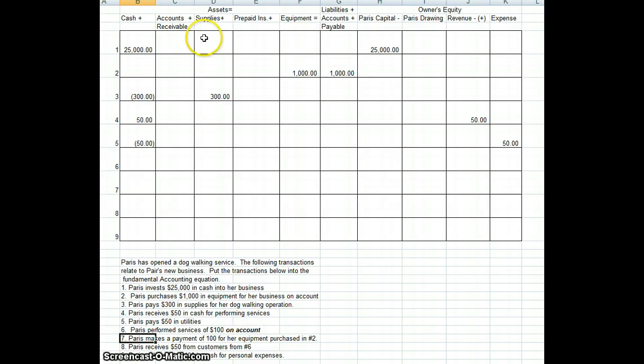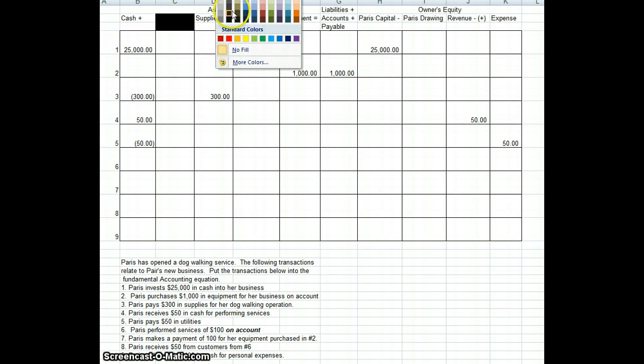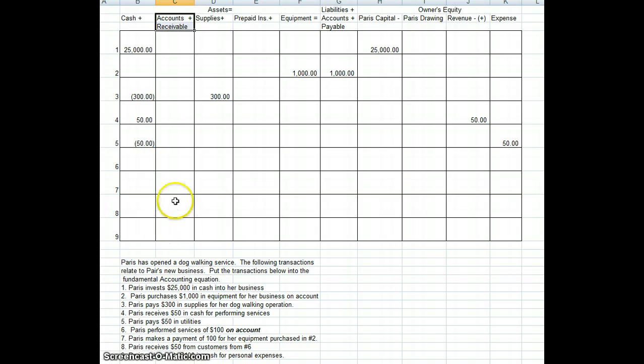So the account that we use when someone else owes us money is accounts receivable. We're going to receive it from the customer. It'll be coming into our business. We'll be getting cash in at a later time, but they will pay it to us. It's owed to us. It is a debt to us, so it's on account. So let's put $100 under accounts receivable.